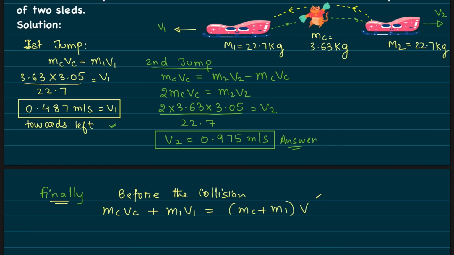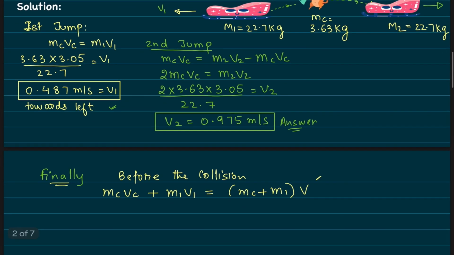Okay. Let's substitute the values. Mass of cat is equal to 3.63 and speed of cat is 3.05, plus again m1, that is the mass of sledge, which is 22.7, multiplied by v1. So we have calculated the value of v1 here. You can see it is 0.487, right?